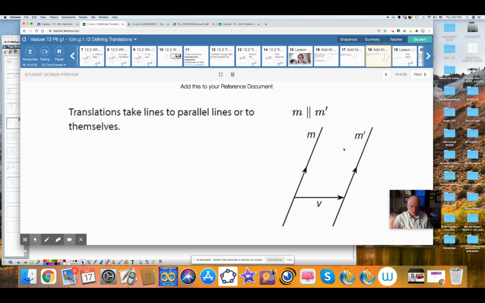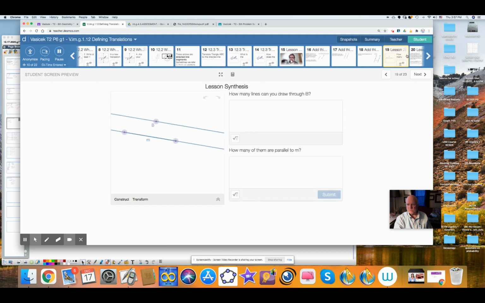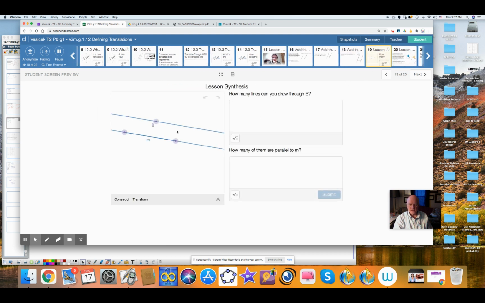The third idea is that lines translate to other lines that are parallel to the original, or they translate to themselves. So if this vector v was along a line m, it would translate to line m. Here I needed to go back. Let's see here. I will delete this and show you.